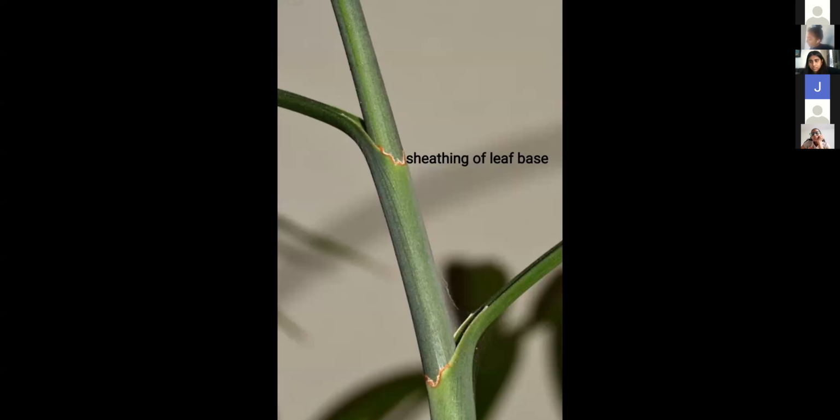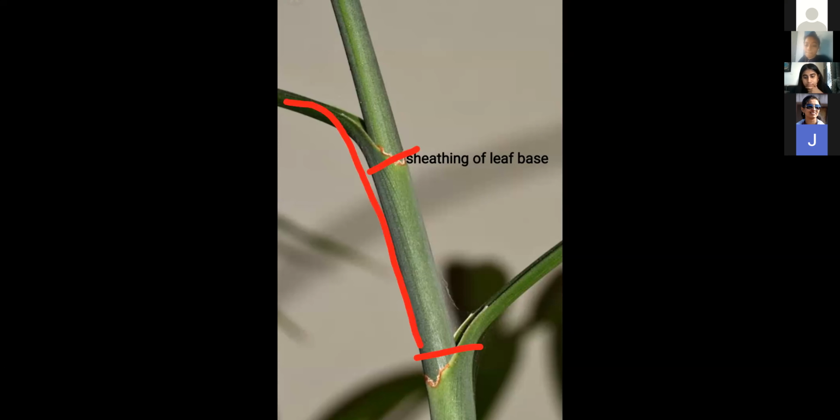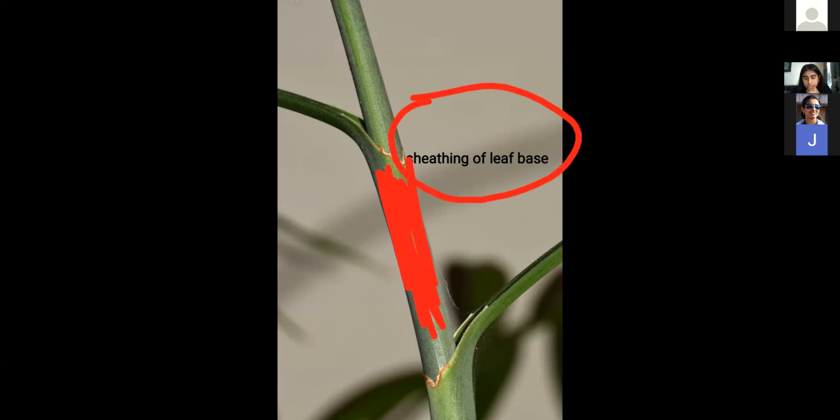Next, sheathing leaf base. In that, over here one node is there, then second node. So leaf arises in this way. Over here the whole greenish color is visible. This much part is the entire leaf base, which covers the stem, that we call sheathing of leaf base.